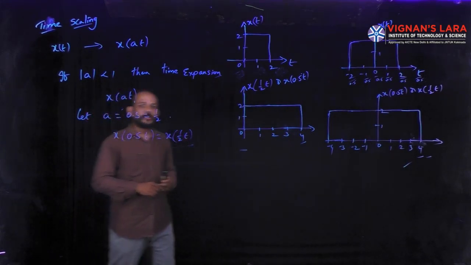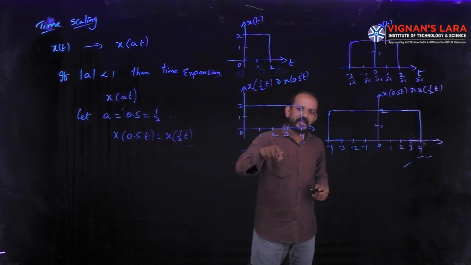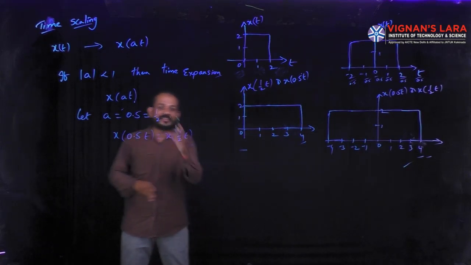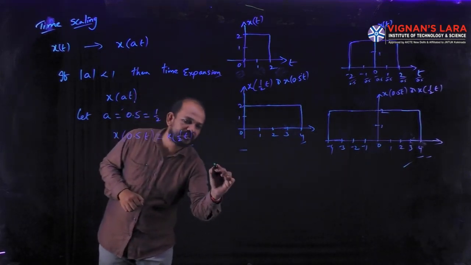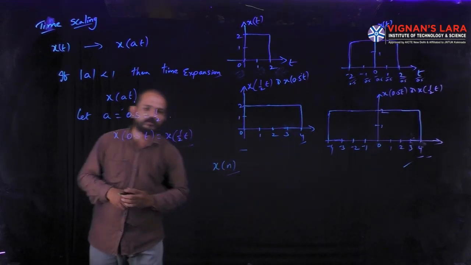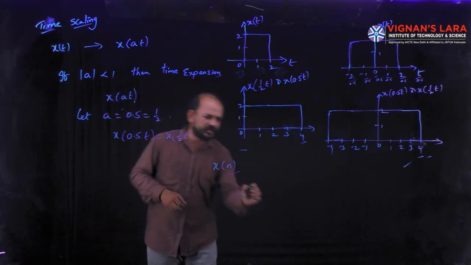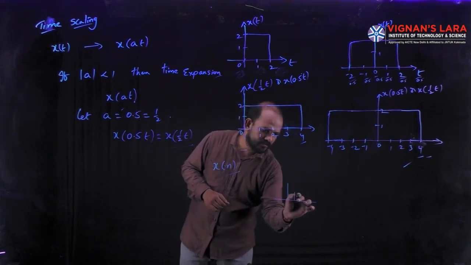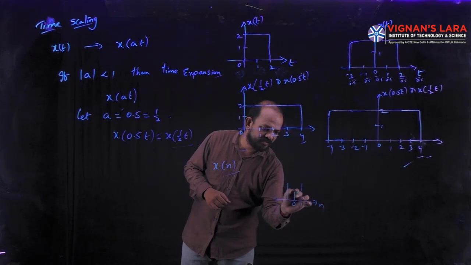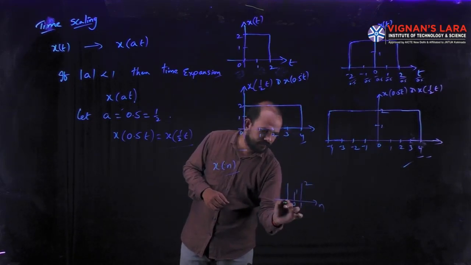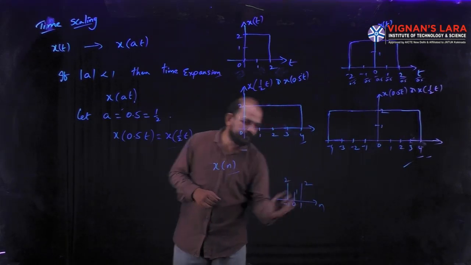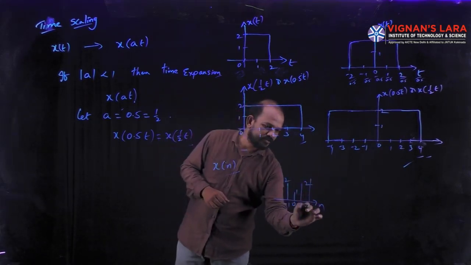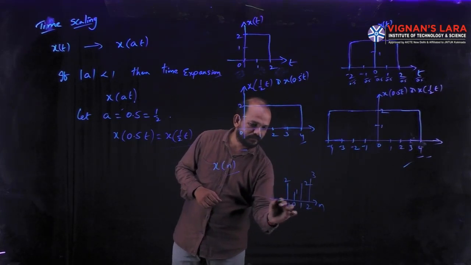Your work is to perform the time scaling operation with respect to a discrete time signal x of n. So consider a discrete time signal x of n like this: 0, this is n, this is 1, this is 2, minus 1, this is also 2, or you can take like this 2, this is 3, minus 2, 3.